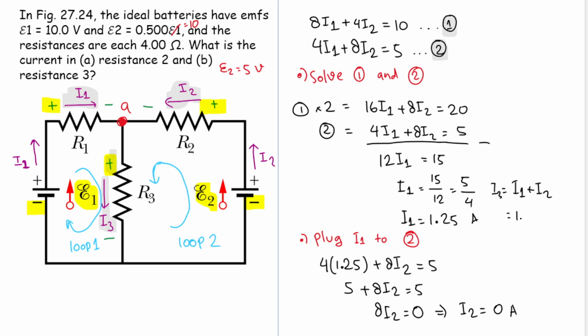I1 is 1.25 and then I2 is 0, plus 0. So I will have I3 here is equal to 1.25 ampere. Okay, so we get the value of I1 here. We also have the value of I2, and then we also have the value of I3. Okay, however, we still need to answer the question.